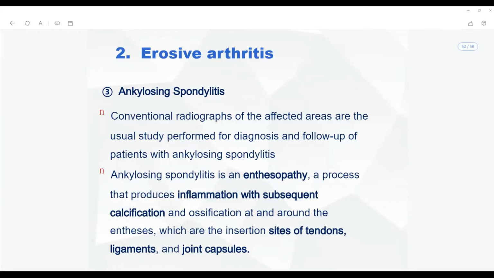Ankylosing spondylitis will cause an appearance of bamboo spine. Remember, can everybody hear me? So remember, ankylosing spondylitis causes bamboo spine. That is what you are going to remember.